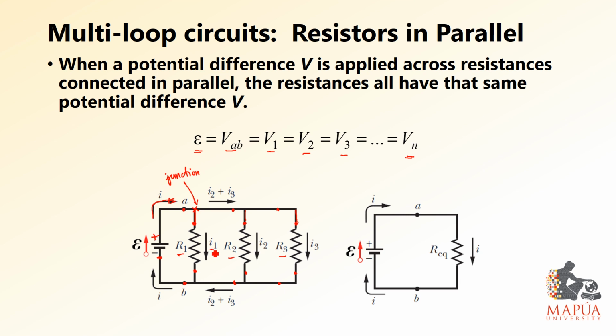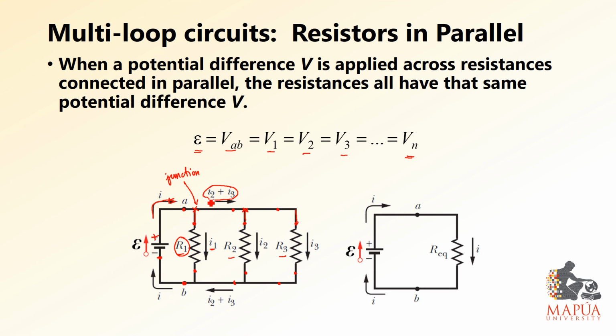I1 is the current flowing through R1, and the rest will be the current flowing through R2 and R3, so that when this current encounters another junction, it is split into I2 and I3. When I1, I2, and I3 pass through their corresponding resistors R1, R2, and R3 respectively, these three currents will recombine at AB, producing the original current I.